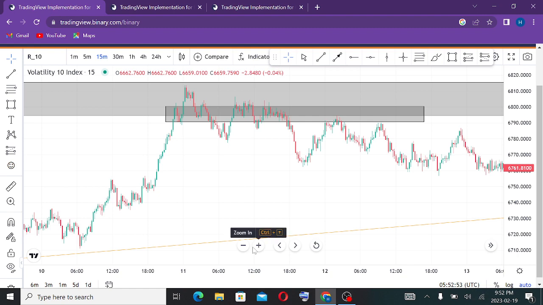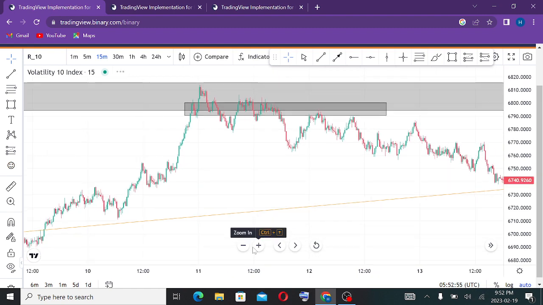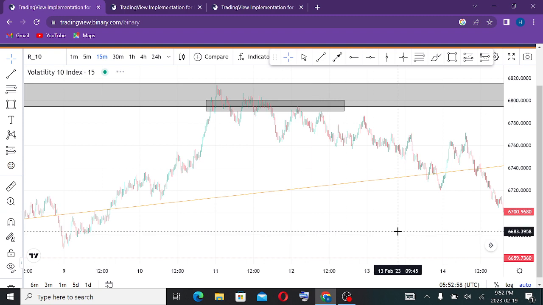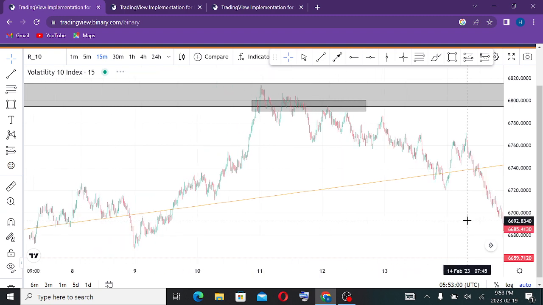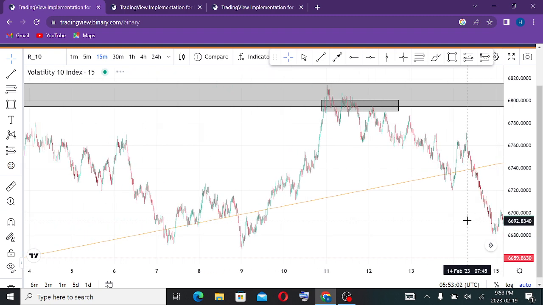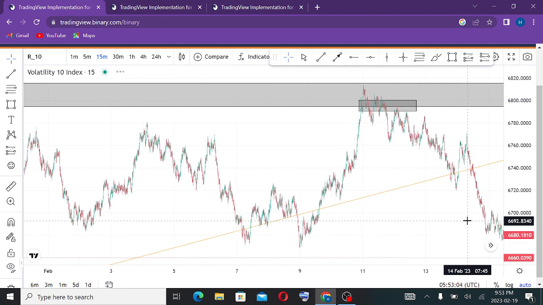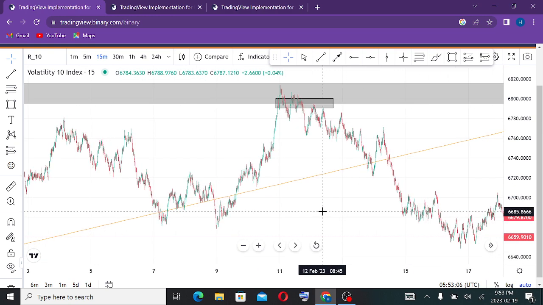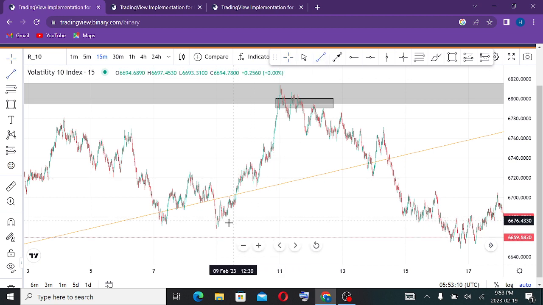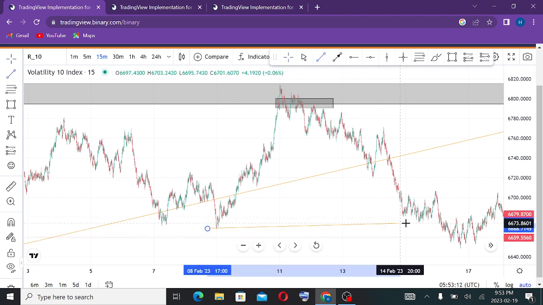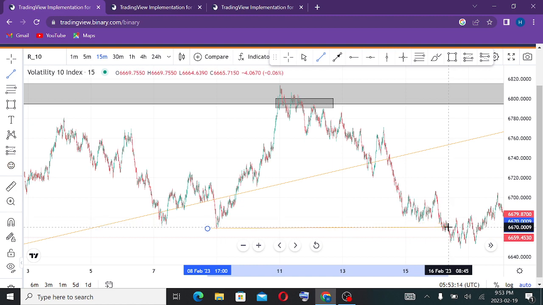So now, did we make profits? That's the question. You can see how the market played out. So if we had entered at that point, we'll be holding our trade up to this point. That is enough pips.